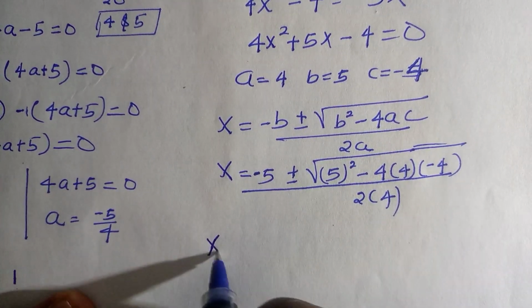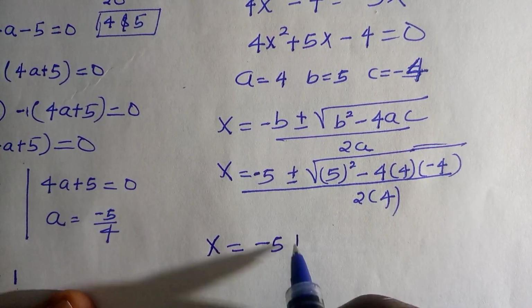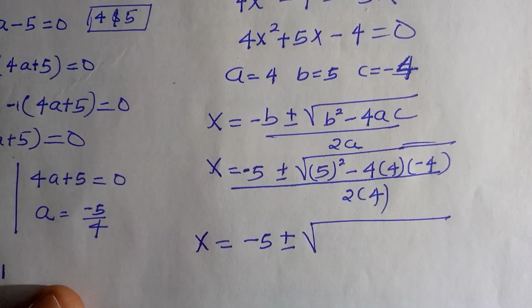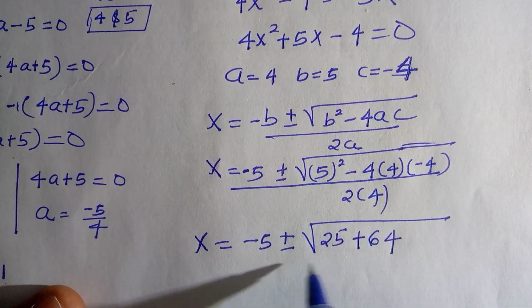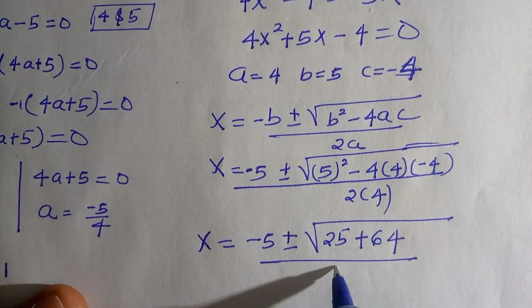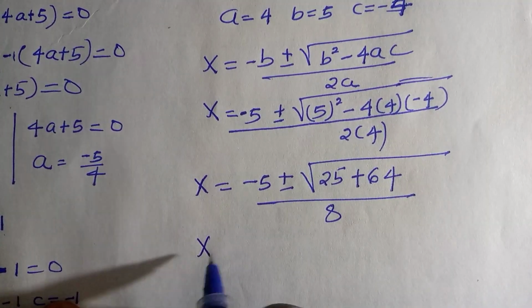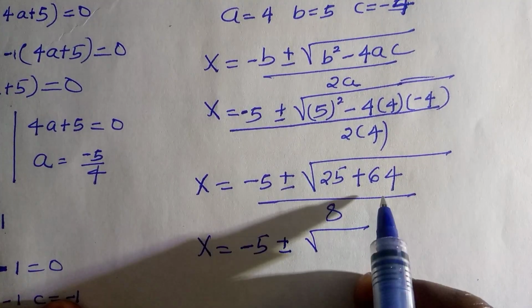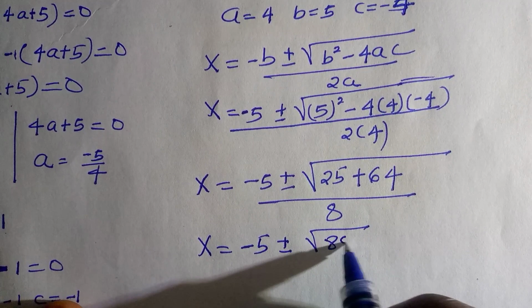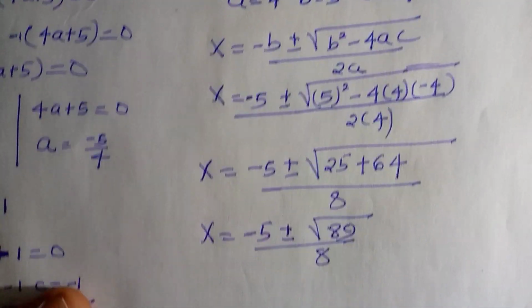The next step is x equals minus 5 plus or minus the root of 5 squared, which is 25, and plus 64, because minus times minus is plus, divided by 8. So x equals minus 5 plus or minus the root of, adding this together, 89, divided by 8.